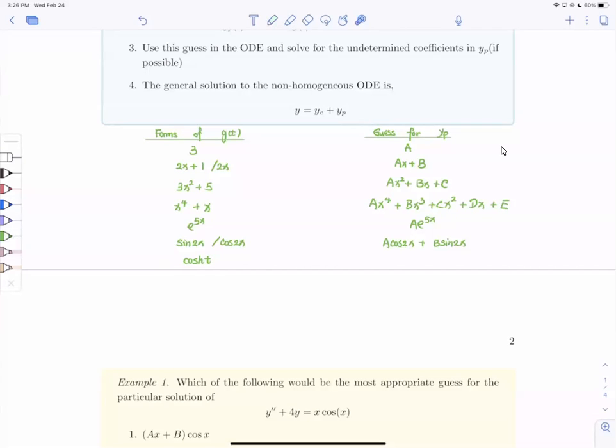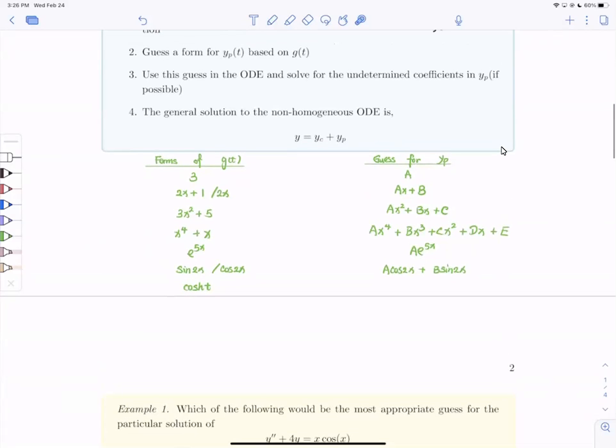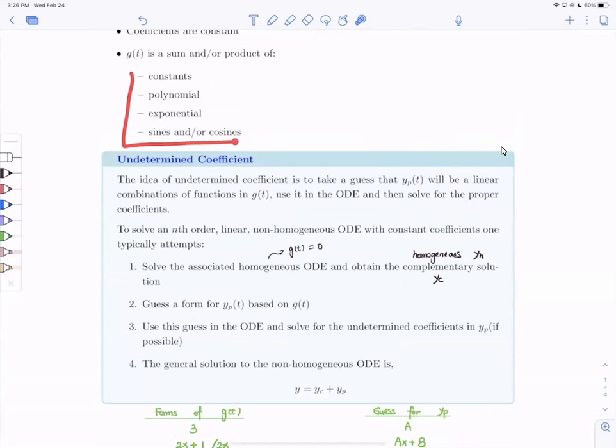Okay, so the first question you should ask is, if your g of t is this, does this fall in one of the categories? If it does, which one is it? Well, I asked you, so it means it does fall into one. So think about what the hyperbolic function is. What is the definition?